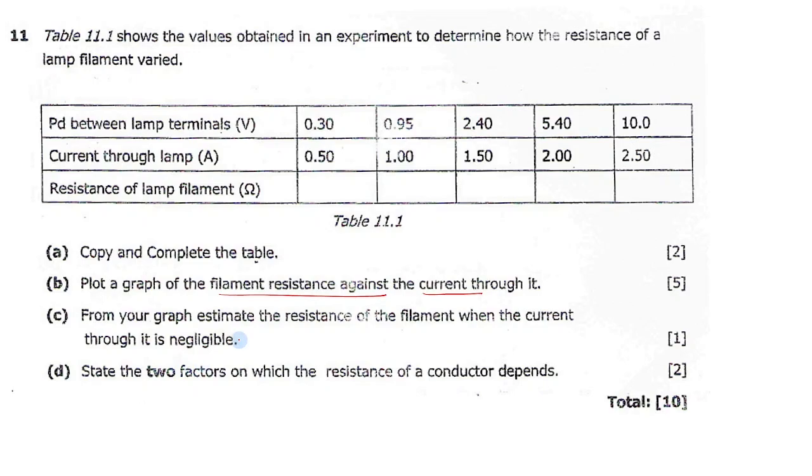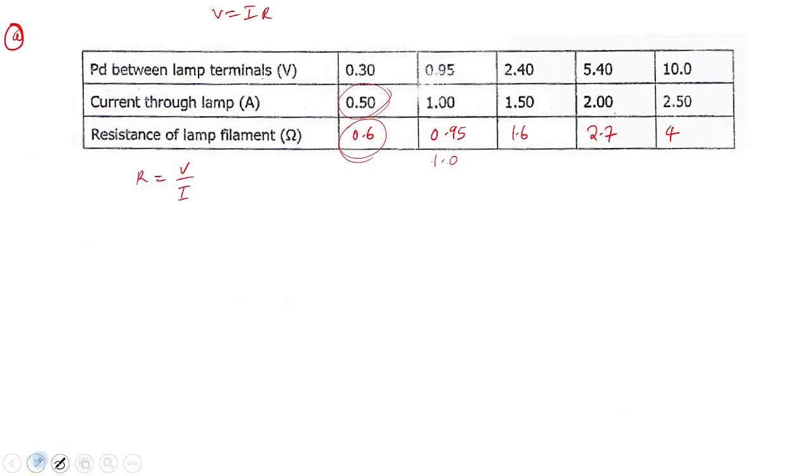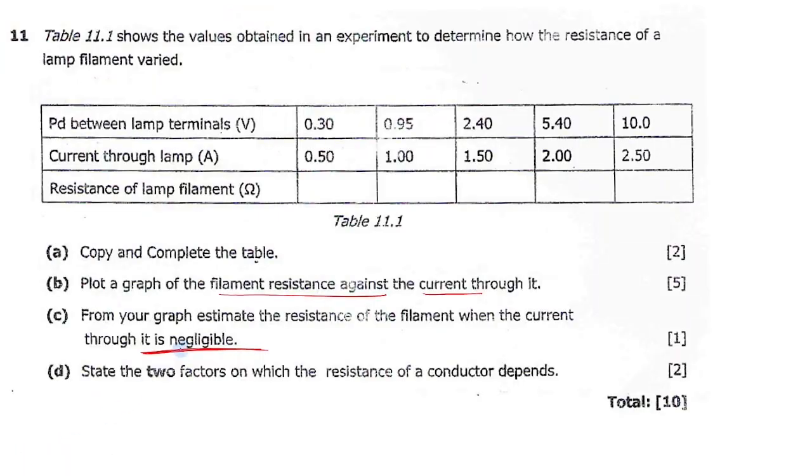From your graph, estimate the resistance of the filament when the current flowing through it is negligible. When it is negligible, why can't you state it? The word negligible means to neglect, like it's non-existent, when no current is flowing there.